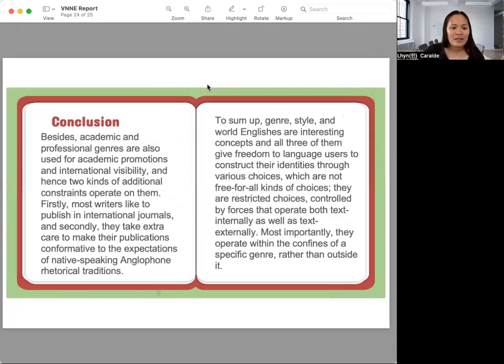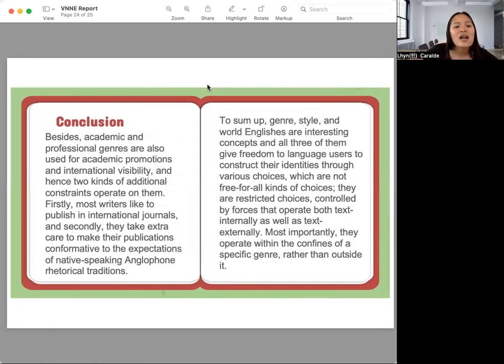The conclusion of my report, this is the last. Besides, academic and professional genres are also used for academic promotions and international visibility, and hence two kinds of additional constraints operate on them. First, most writers like to publish in international journals, and secondly, they take extra care to make their publications conform to the expectations of native-speaking Anglophone rhetorical traditions.